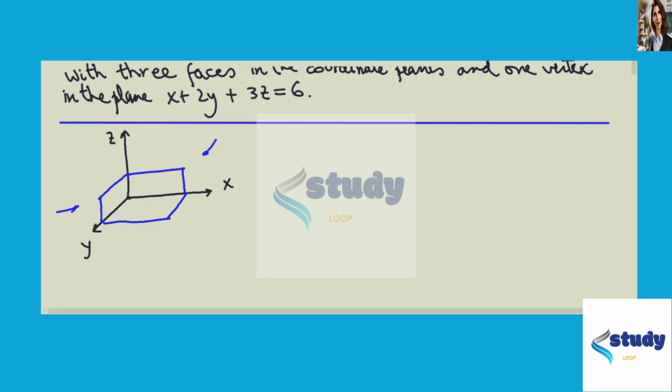Then we will have another face here somewhere in front, parallel to the face that is in the plane xz. Then we have this other face up here in front of the face that is in the plane yz.